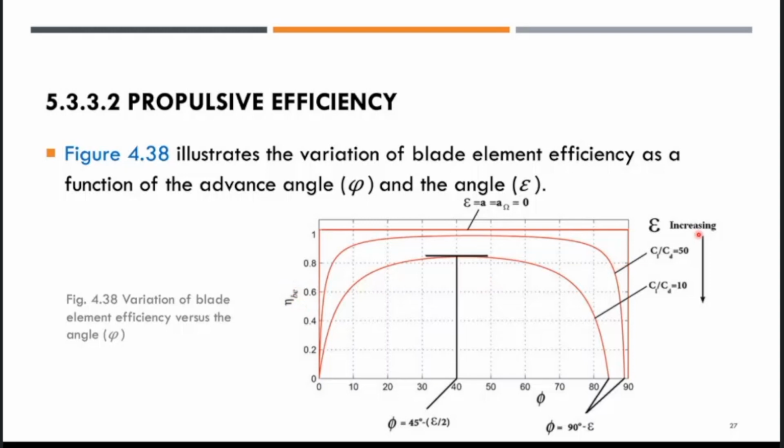Okay, so we can see here CL over CD is increasing. For this one, it is basically when the angle eta equal to 0, and this is when CL over CD equal to 50, and this is the plot when CL over CD equal to 10, right? So that is the variation of blade element efficiency versus the advance angle phi.